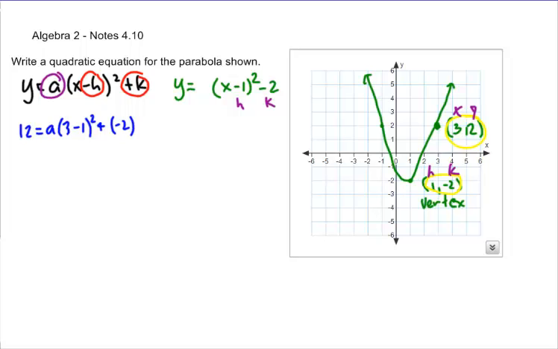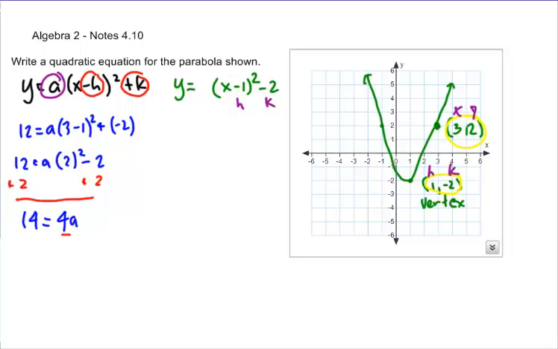So solve this out. We're going to have 2 equals a times 2 squared. Let's go ahead and write that as minus 2. So add 2 to both sides. And 4 equals 4a.